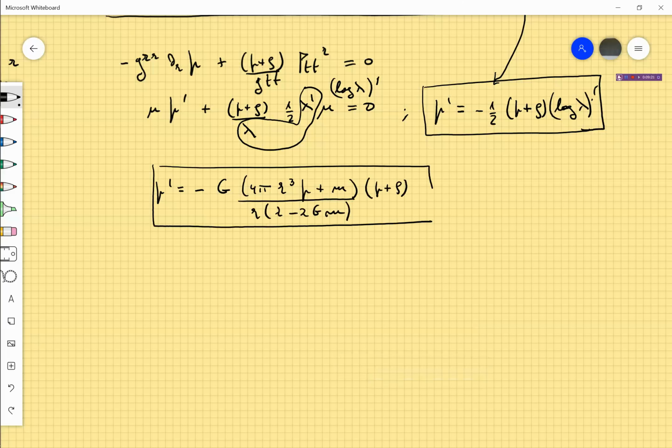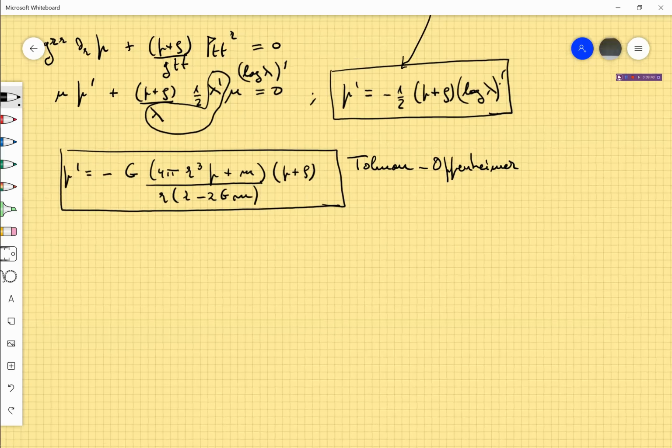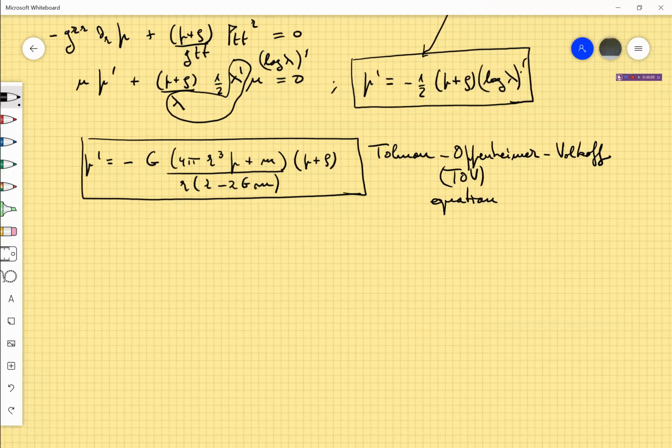This is an equation which contains these variables, and this is known as the Tolman, who was one of the pioneers of general relativity, Oppenheimer, who is better known as the father of the atomic bomb and the director of the Manhattan Project, and Volkov, the TOV equation, which is the equation that determines the stability of a star.